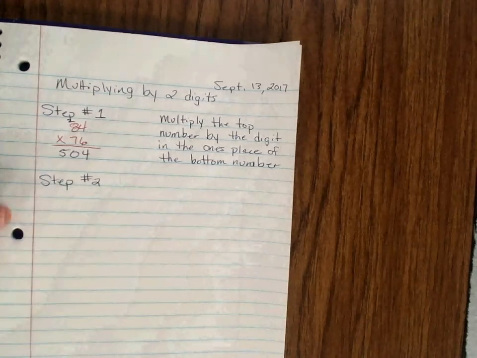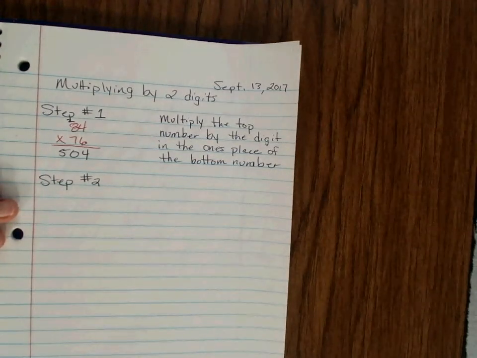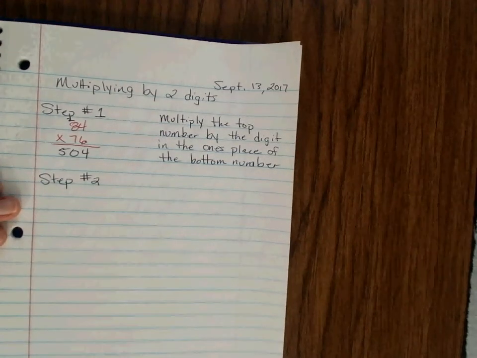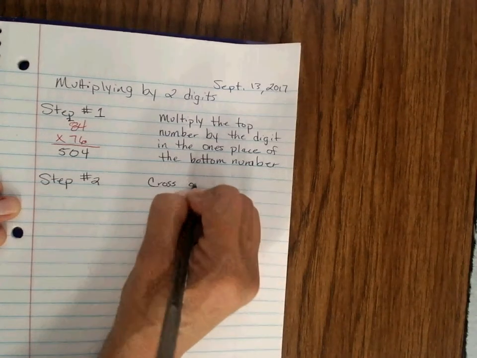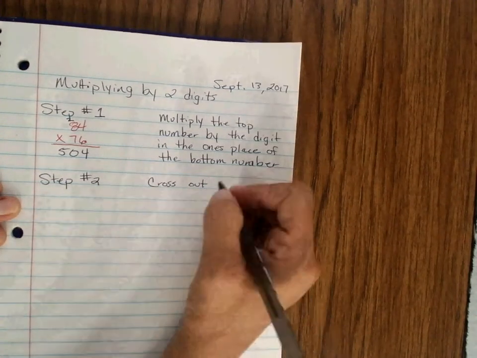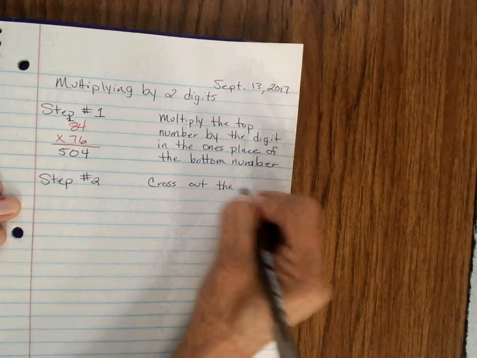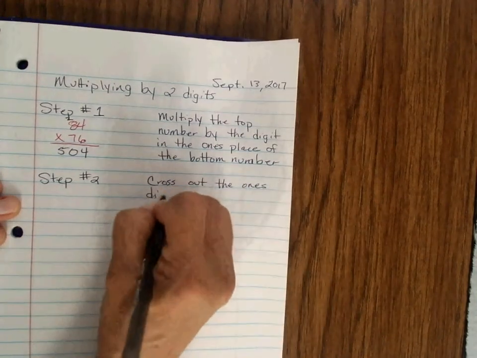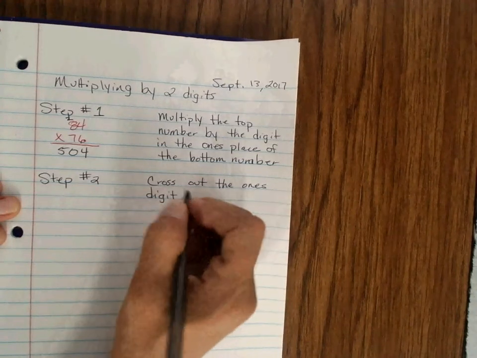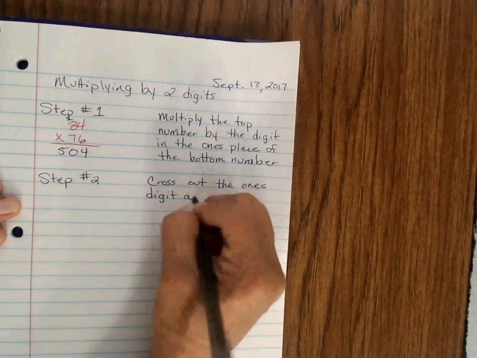Step number 2. Cross out the ones digit. You're finished with that one. And any numbers that were regrouped.